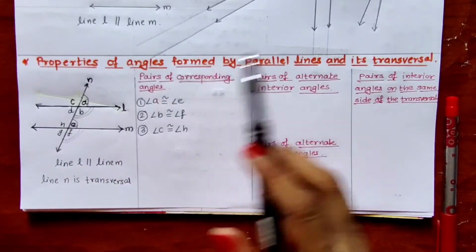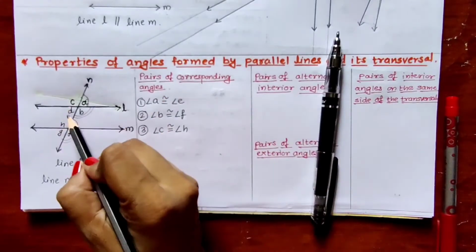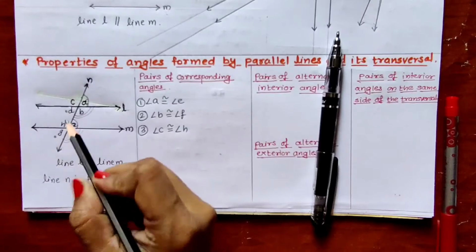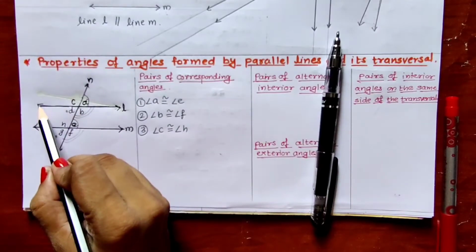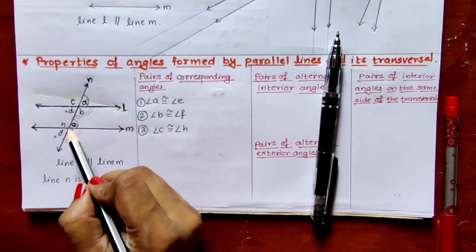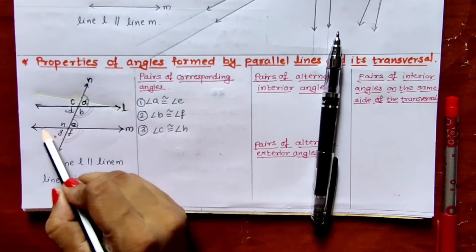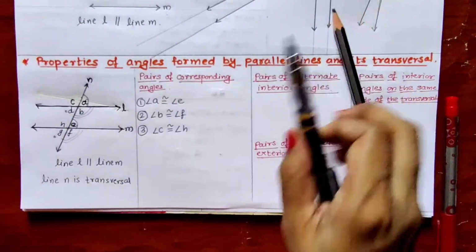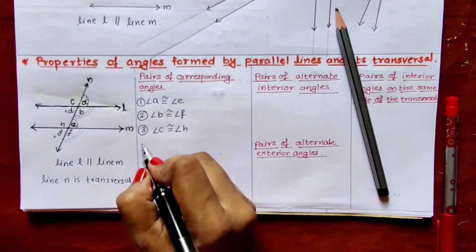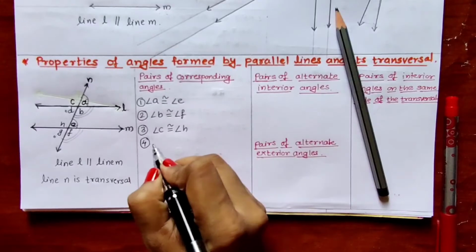Now let us see the fourth pair, angle D and angle G. D has one arm in the downward direction, the other arm on the left hand side, and G also has one arm in the downward direction, the other arm on the left hand side, and that's why these two angles are corresponding angles, and that's why they are congruent with each other.